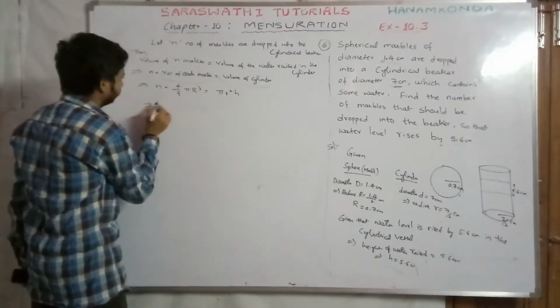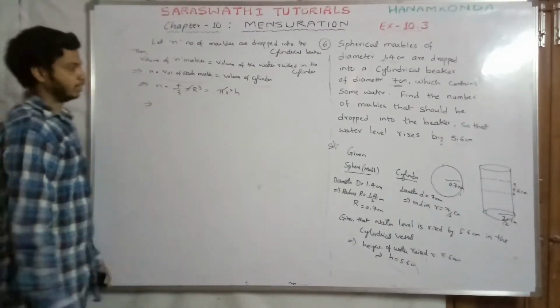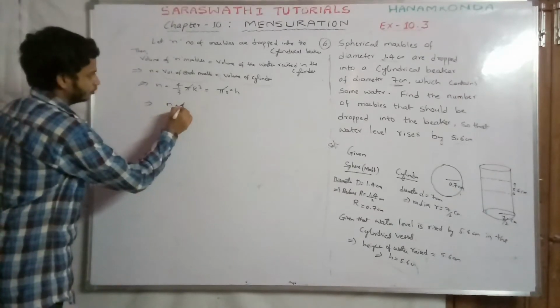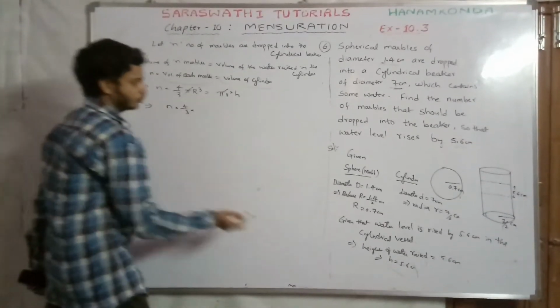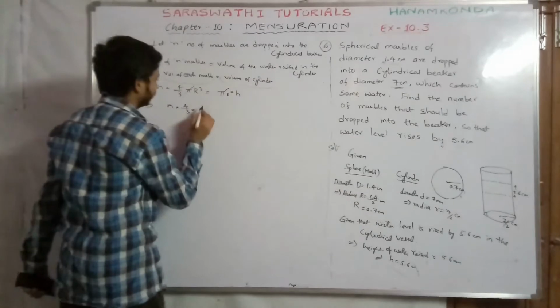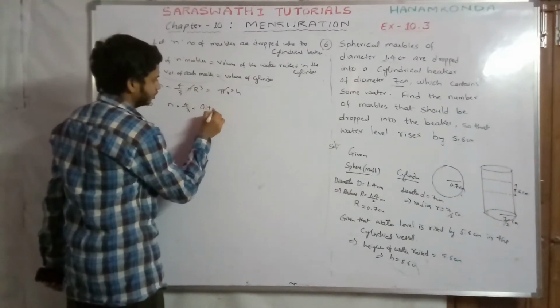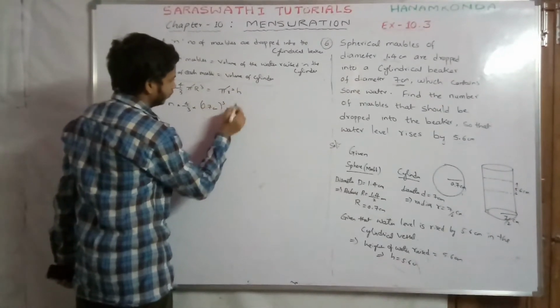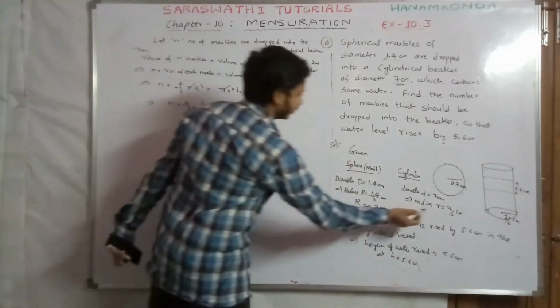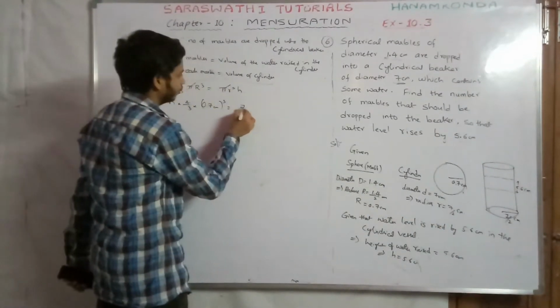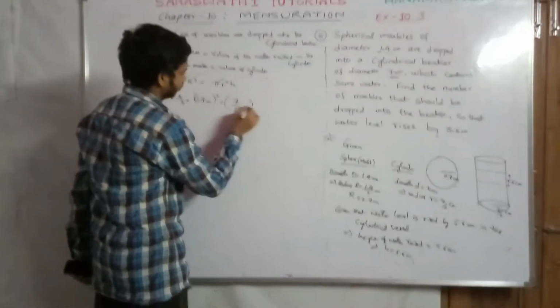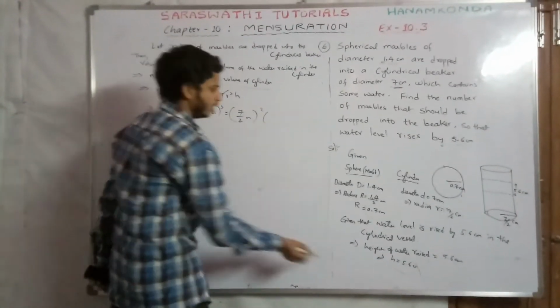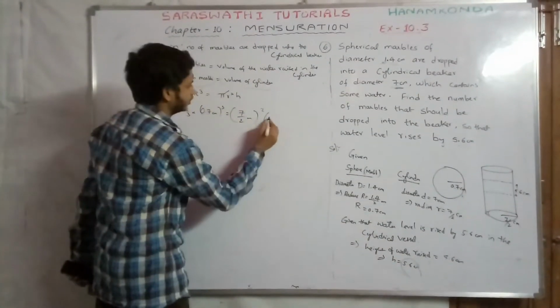Pi gets cancelled here. So n into 4 by 3 into R cubed, where capital R is 0.7 centimeters, equals small r square h. Here r is 7 by 2 centimeters, whole squared, into h, where h is the height of the water level raised, 5.6 centimeters.